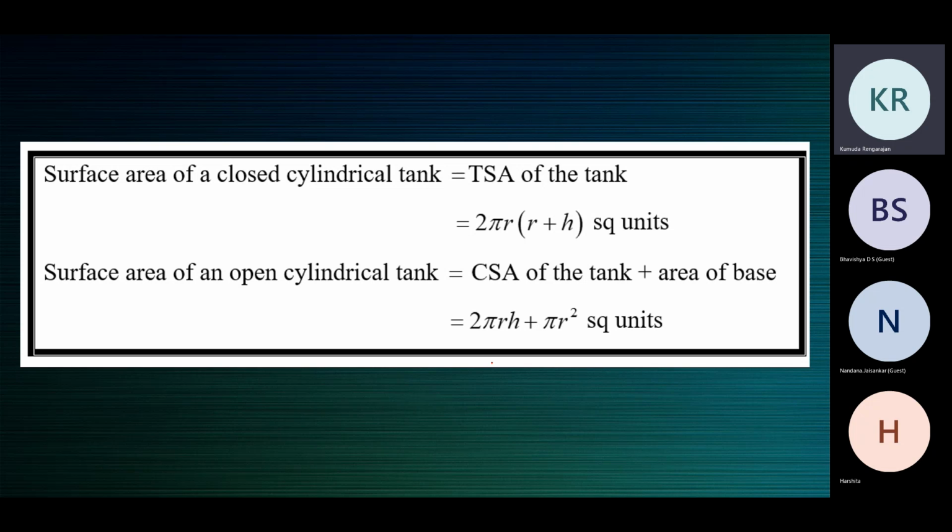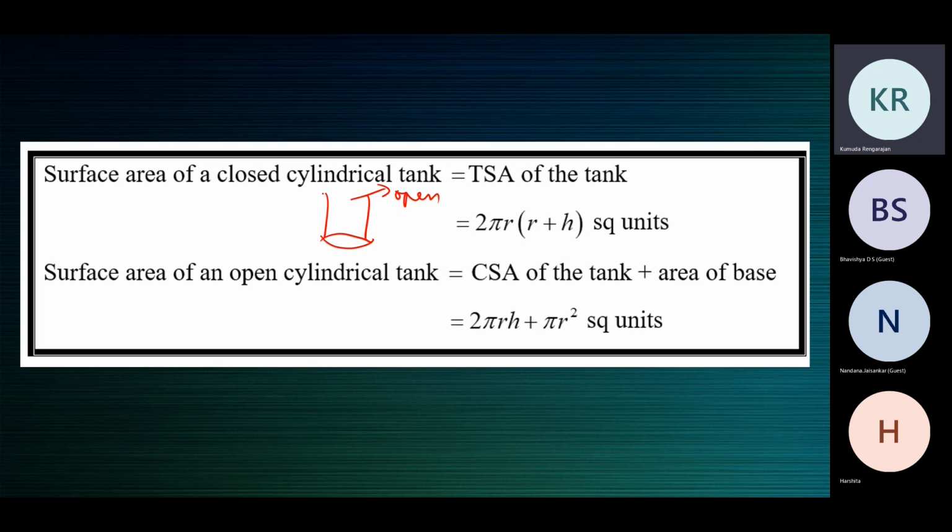When it's a tank, the tank holds water. That means there should be the CSA and the bottom, covered. So if it's a tank, definitely the CSA and the bottom are made of some material. If it's an open tank, the top is open.